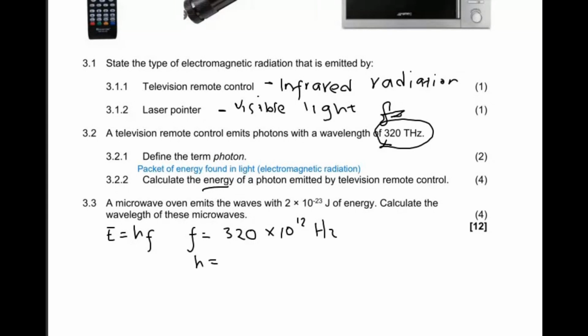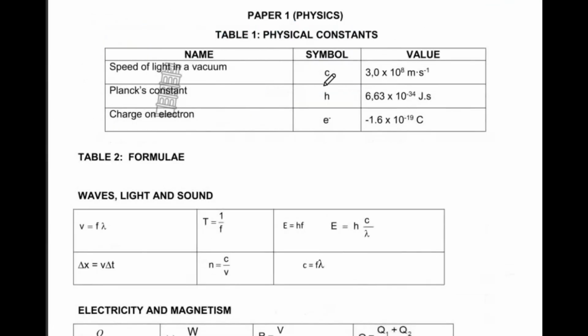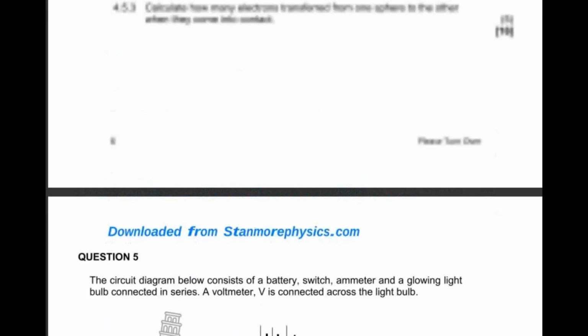h is a constant, given at the back of your question paper. Let's have a look. There it is. h, 6.63 multiplied by 10 raised to the power of minus 34 joule second.